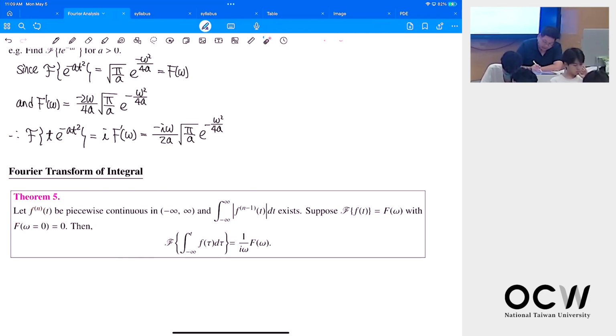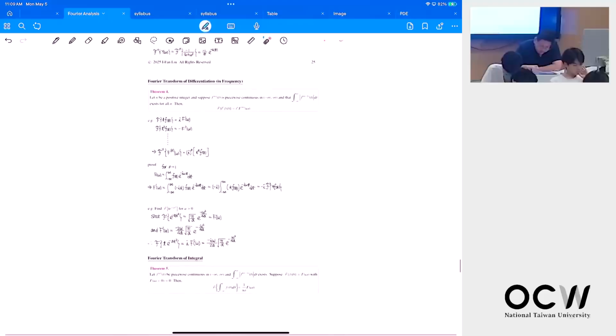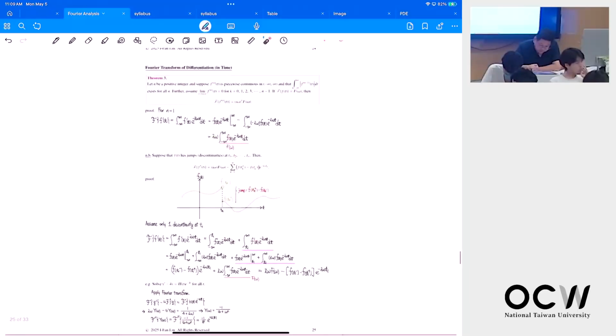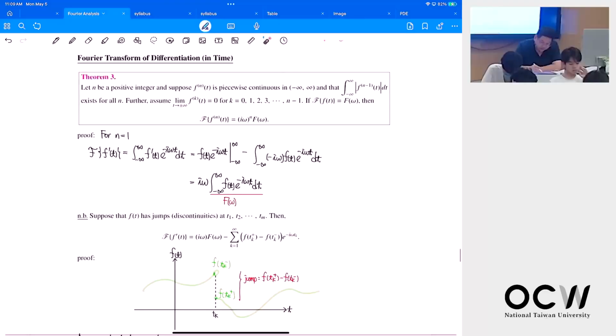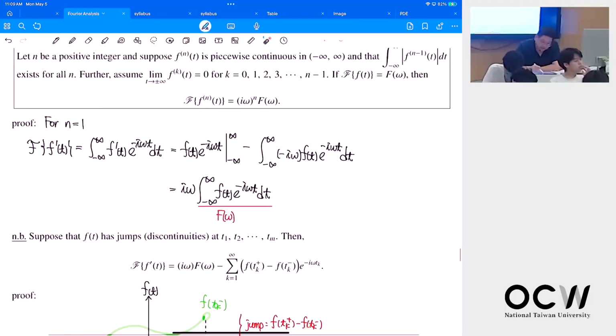Then when I take the Fourier transform of the integration, that means in the frequency domain, I will divide by i omega. It's pretty similar to the Fourier transform of differentiation. If I take the derivative in the time domain, in the frequency domain, I will create one i omega. Every time I will create i omega.